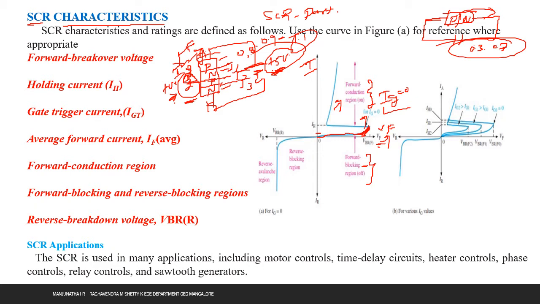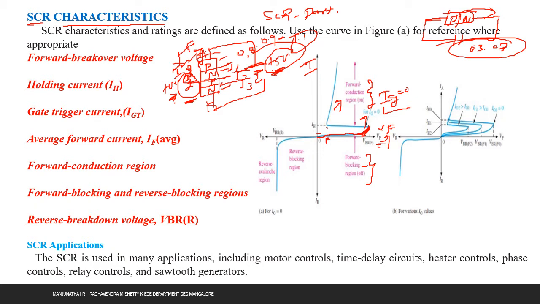Once it is broken down, there is no resistance offered by the SCR. We are just going to break down that resistance. Once it is broken, even for a small value of voltage, we are able to see the SCR in conduction mode. So that's why we are going to start with a small value of forward voltage.